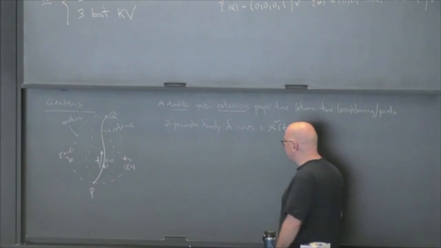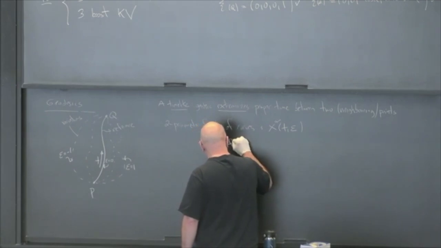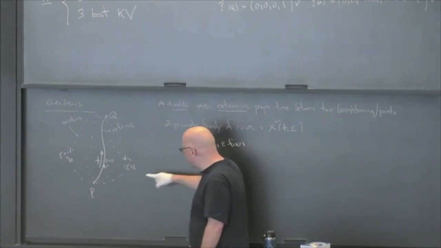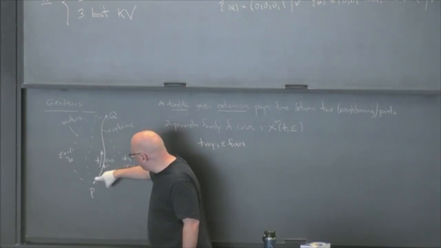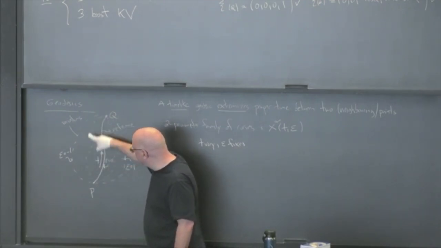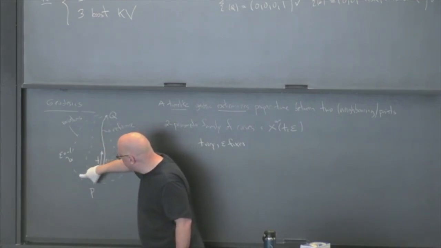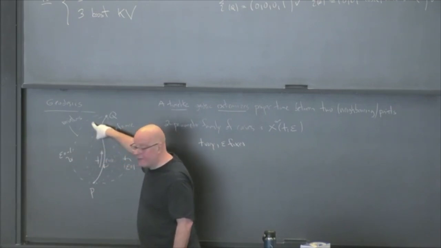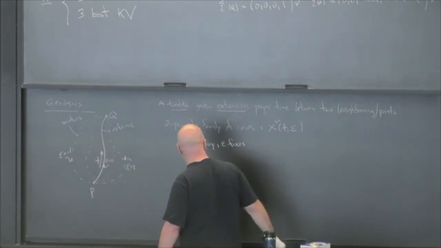And the idea is that if we let t vary and epsilon stays fixed, then that means that we're on the reference curve or any one of those variation curves. We're moving along one of those curves by letting t go up and keeping epsilon fixed, because epsilon is going to be the thing that labels each one of those curves.